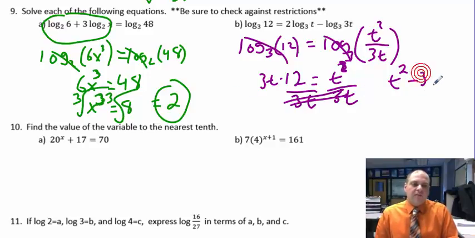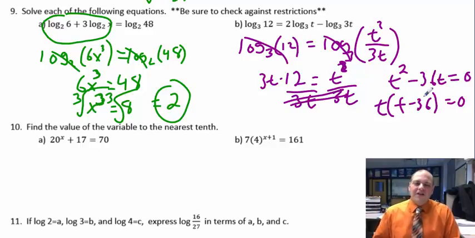So t squared minus 36t equals 0. And that's going to be t times t minus 36 if I factor it. It's not a difference of perfect squares, so you might have been thinking t plus 6, t minus 6. It's not. It's a common factor of t that gets pulled out. T comes out, you're left with t minus 36.